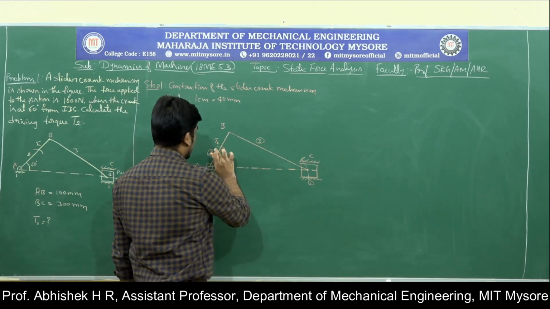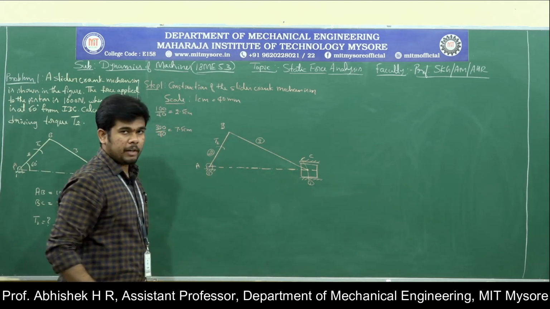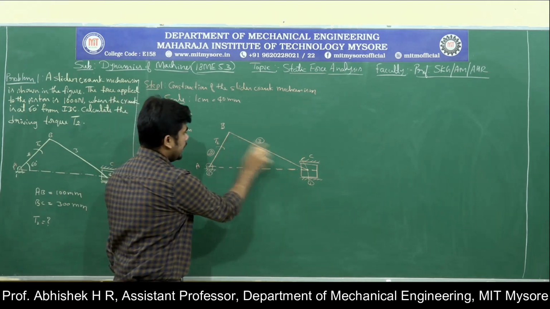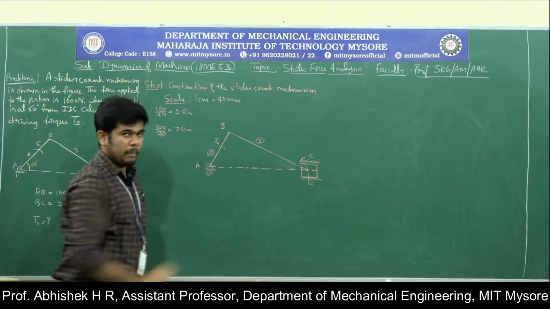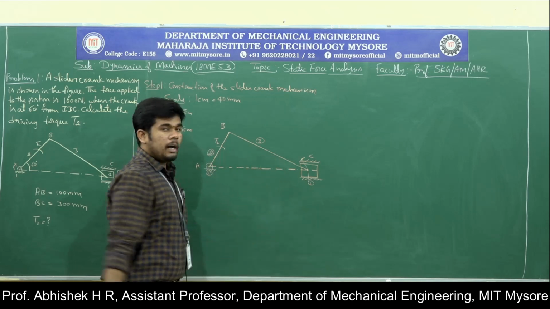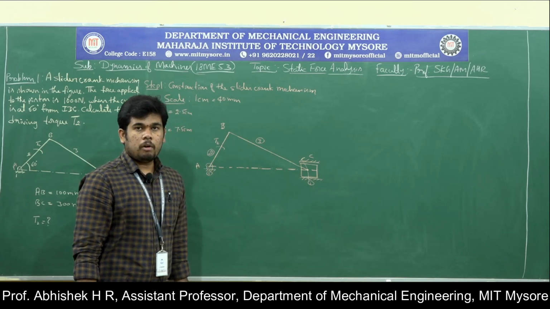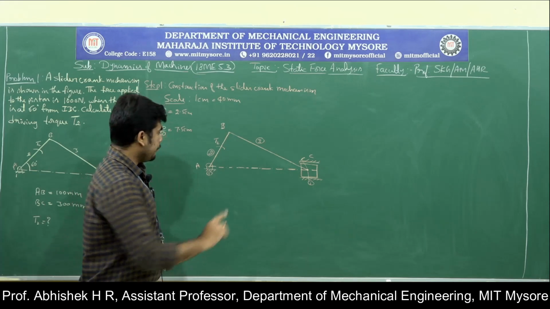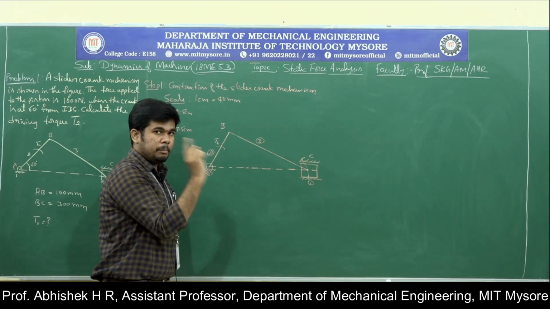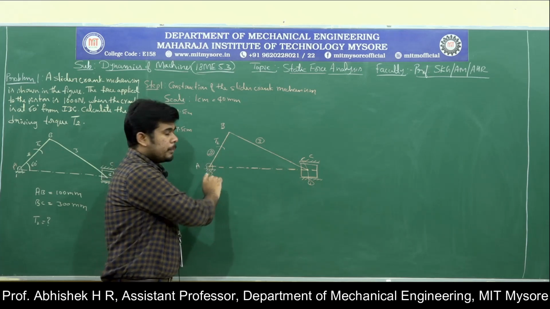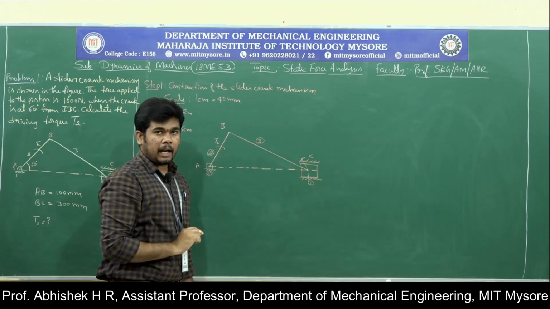So this is A, and AB is 2.5 centimeter, that means the 100 mm, and BC is 300 mm, that is 7.5 centimeter. Now we have completed the construction of the slider crank mechanism. I will repeat the steps once again. Mark a point, that is the fixed link 1, and use your protractor to measure the 60-degree angle.